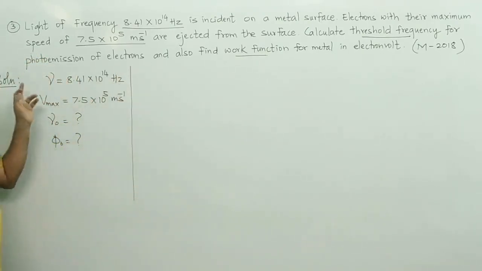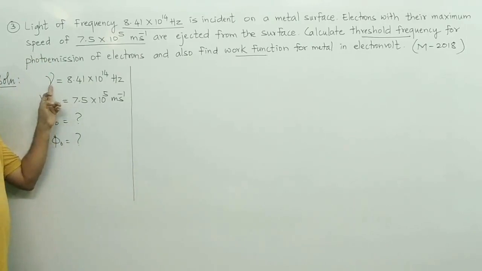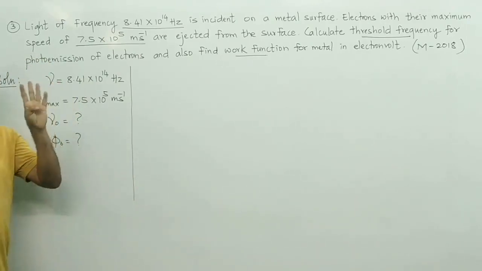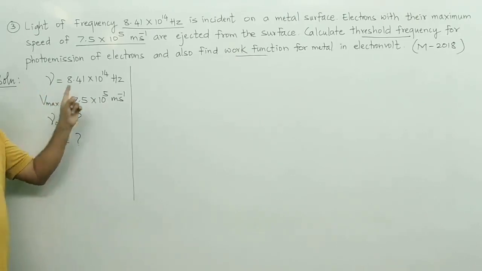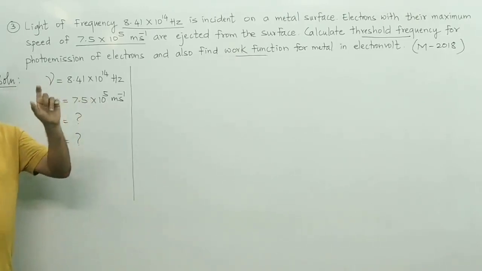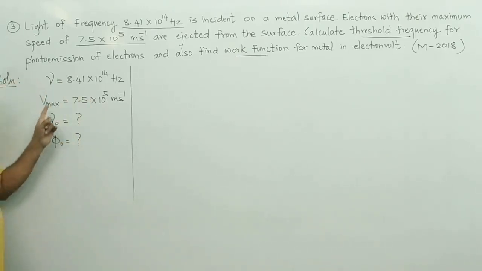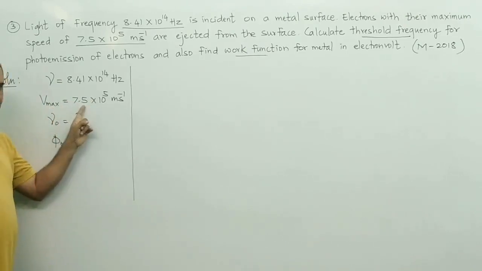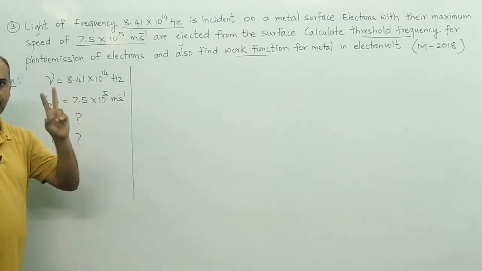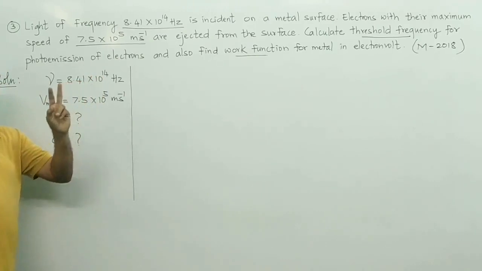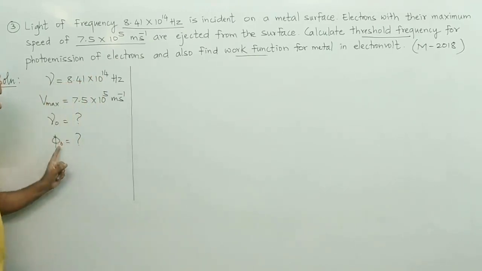If you see here, given, first he has given frequency. So from frequency you can find energy of incident photon, means E you are able to find. Vmax he has given, means you will get K max. So E you know, K max you know, you can find phi naught. Once you get phi naught, you can find nu naught.